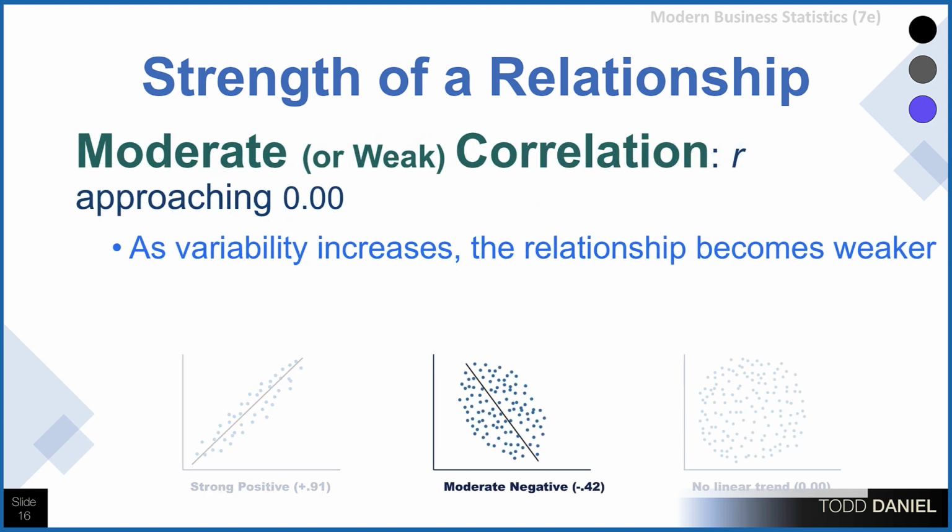A weak or moderate correlation, as our correlation coefficient approaches 0, is represented by a more elliptical pattern in those dots. They are further from the line. There is greater variability. The relationship between the variables is weaker.